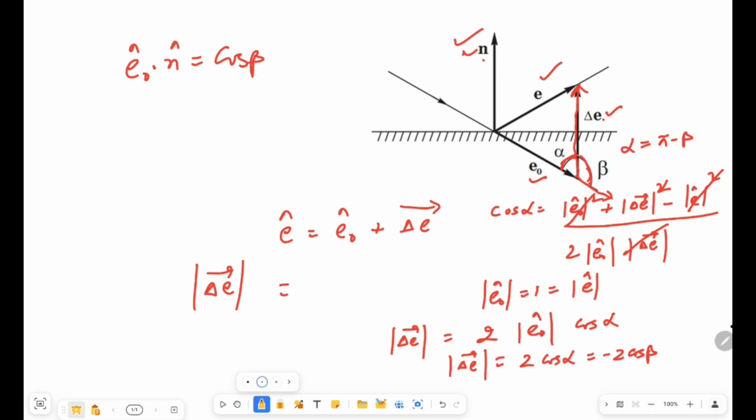So I got here that the dot product of E naught and unit normal vector n is simply cos beta.